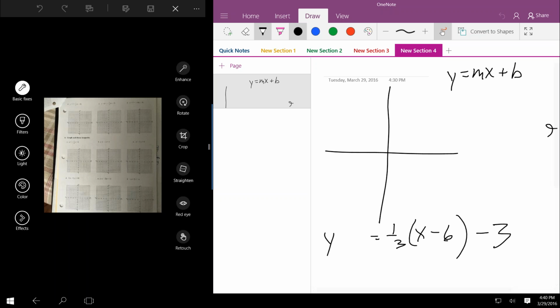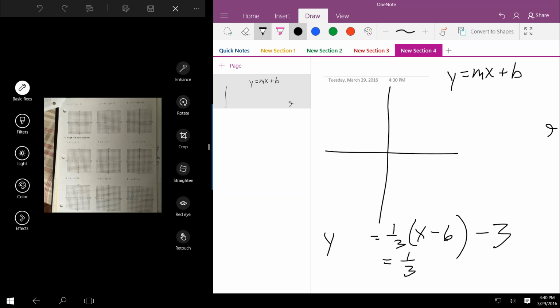What do I have to do on the right side of this equation? Do you have to somehow get rid of the parentheses? Okay, good. What am I left with? Y equals 1/3. Is it just 6 minus 3?